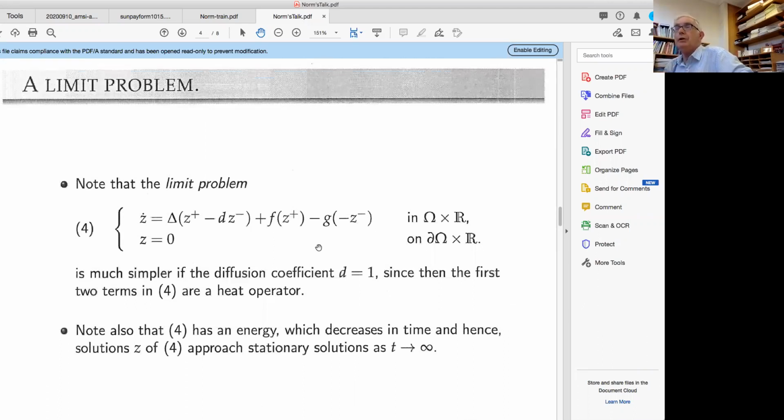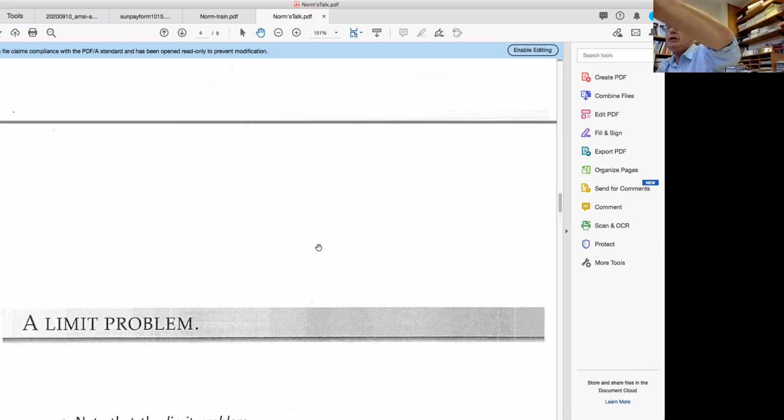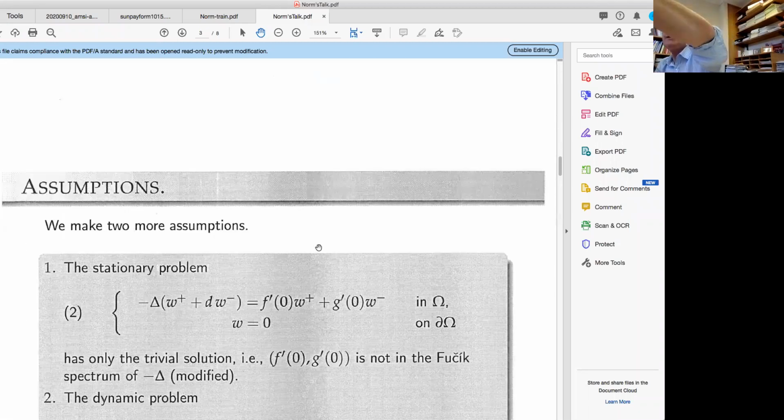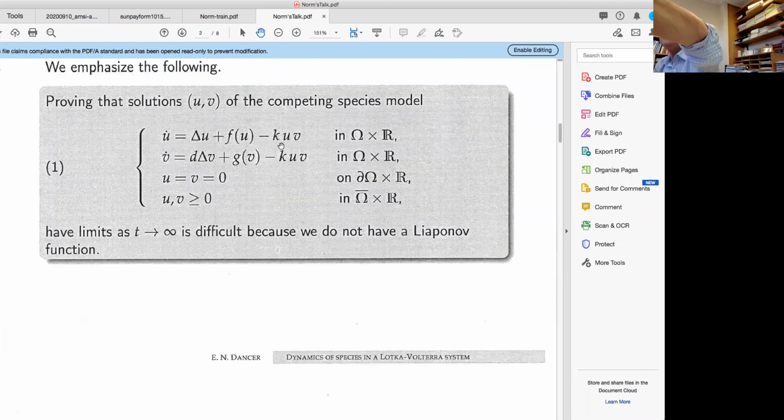Using that information, if UV is small and you subtract these equations, you get something reasonable: U minus V dot minus Laplacian of U minus dV, plus f(U) minus g(V).